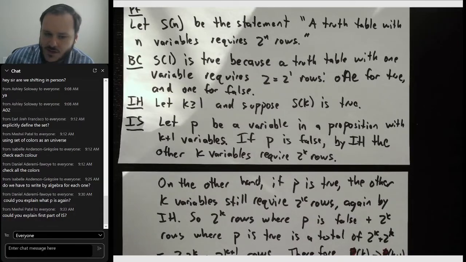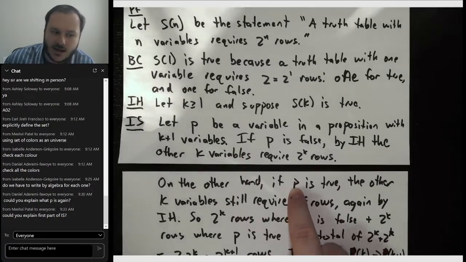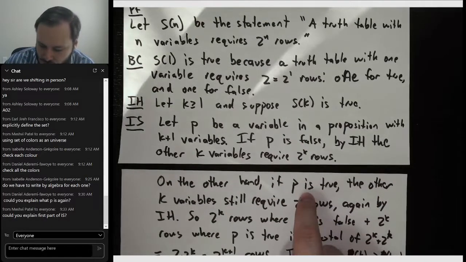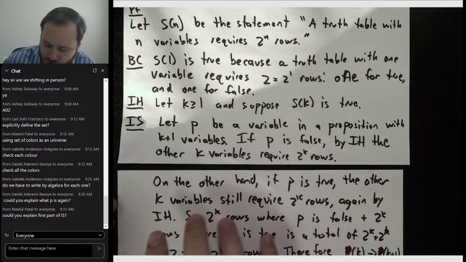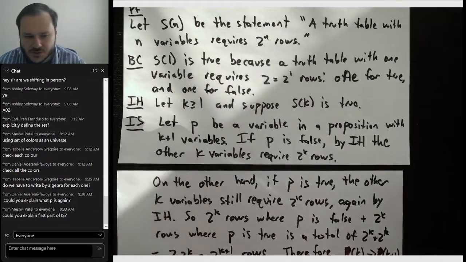What's the other option? The other option is P wasn't false. P was true. I'm going to need separate rows in my table to handle P being false and P being true. If P is true, I make P true, there's k variables left over. I need 2 to the k rows for that as well. So those are my two cases.